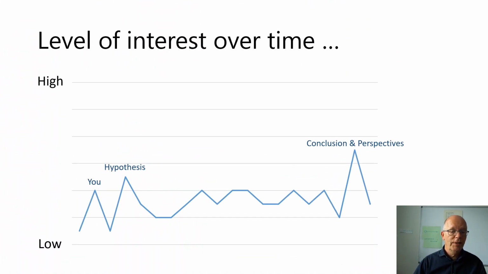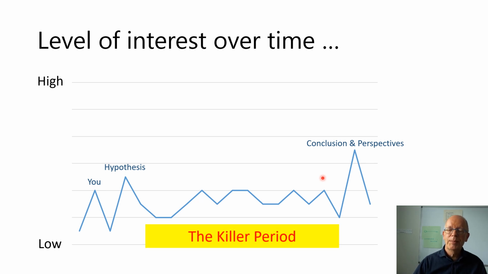Let's look at the level of interest over time. It can be high, it can be low. Let's say you have 8 minutes in a parallel session at a congress. When you enter the room, of course, interesting. Hypothesis, conclusion, interesting stuff. In between, what I call the killer period.